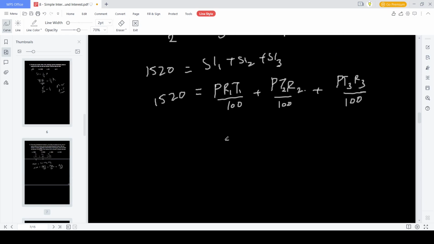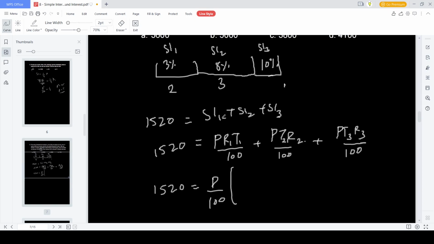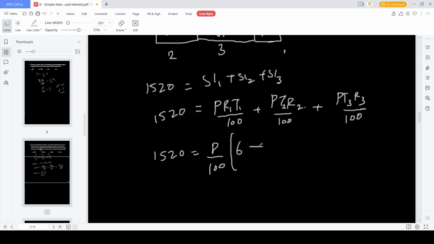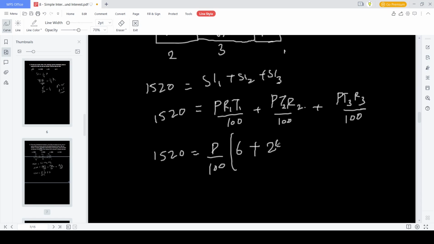Here we can see P by 100 is common, so we'll take it out. 1520 is equal to P by 100 into rate 1 time 1 plus rate 2 time 2 plus rate 3 time 3. So we multiply 2 into 3, that is 6, plus 3 into 8, 24, because these are the rates.